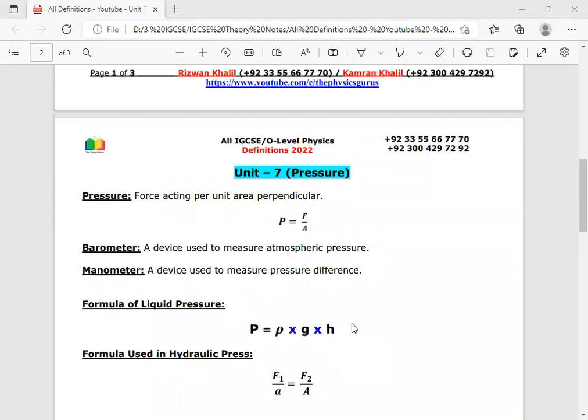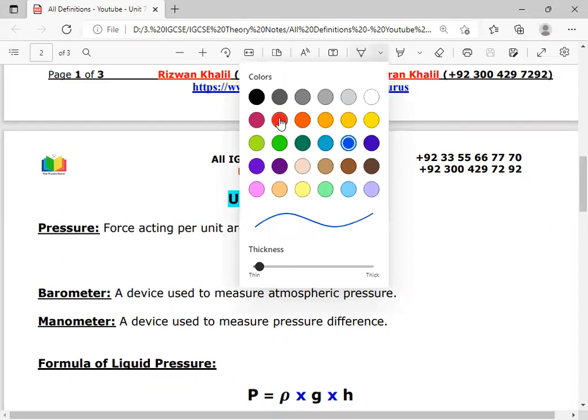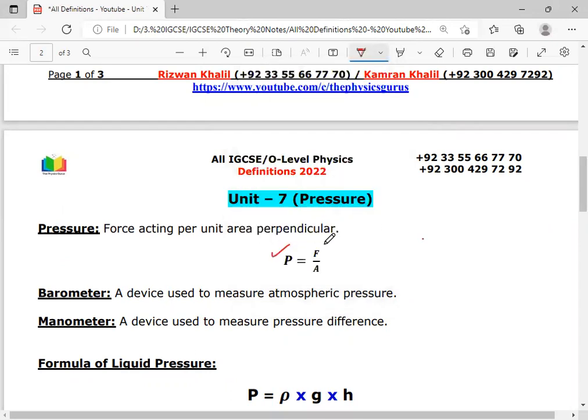The very first definition of unit number 7, pressure, is: the force acting per unit area perpendicularly is called pressure. So the formula of pressure is P is equal to F over A. P stands for pressure, F stands for force, and A stands for area.